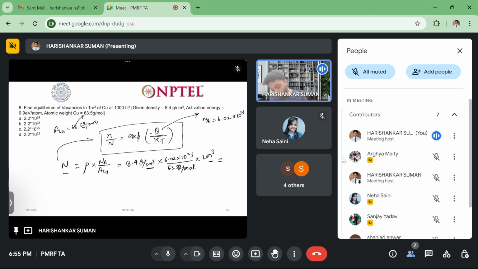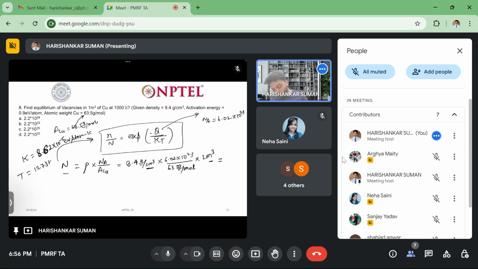Then apply this formula, and K you know: 8.62 into 10 to the power minus 5 electron volt per atom per Kelvin. T is also given, 800,000, and this will be in Kelvin.